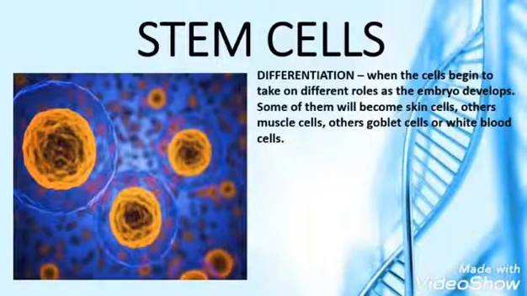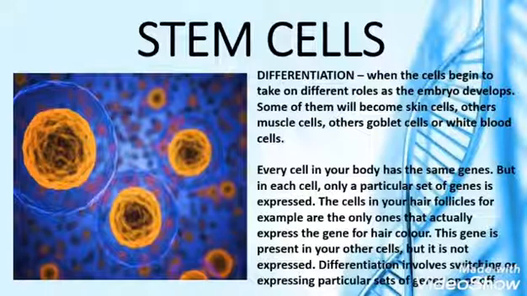However, as the embryo develops, the cells begin to take on different roles. This is called differentiation. Some of them will become skin cells, others muscle cells, others goblet cells or white blood cells. How does this happen?